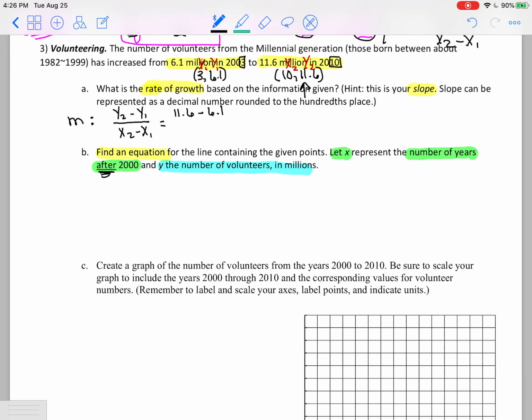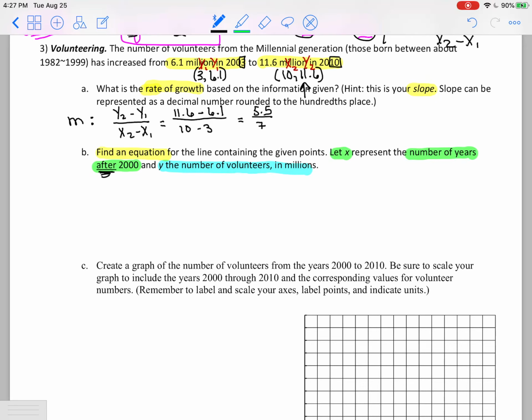So I've got 11.6 minus 6.1 for my change in y, and I've got 10 minus 3. 11.6 minus 6.1 is going to give me 5.5, and I know that 10 minus 3, of course, is 7.